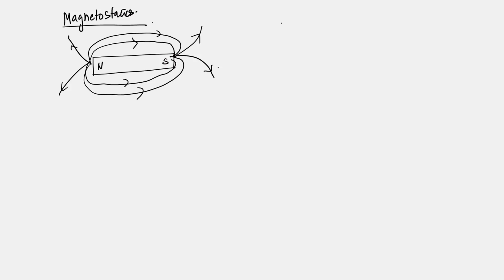And if you talk about a current carrying wire, which is what we are all familiar with, and say it is carrying a current in this direction, then the magnetic field will curl around like this. This is the direction of the magnetic field, which is really the theta cap direction.